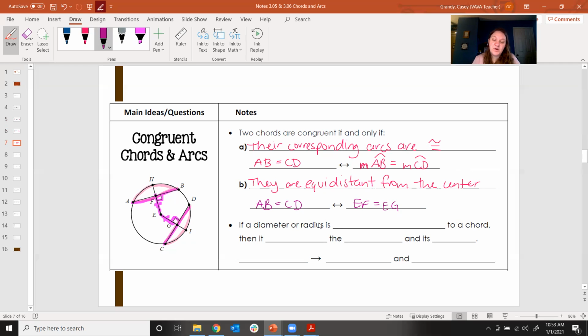If a diameter or a radius is perpendicular to a chord, then it bisects the chord and its arc. So in this picture, EH, here is EH, is perpendicular to AB, and I see that here.